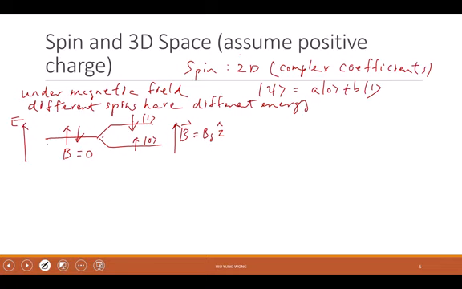And that is why we say that the eigenstates are vectors, right?